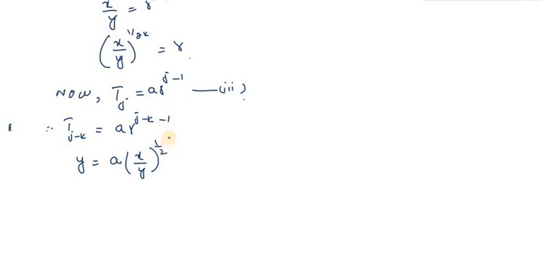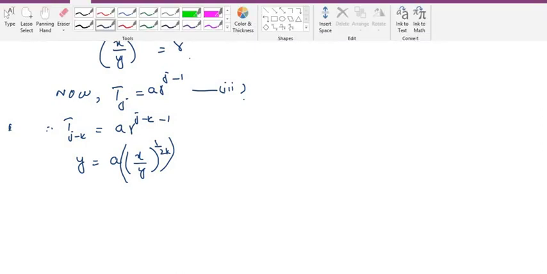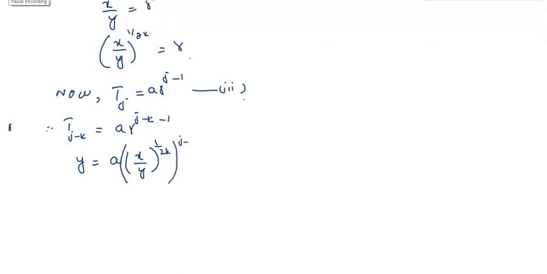One upon 2k, 1 upon 2k, and the power is already here. The power is j minus k minus 1. So the power will multiply with x upon y. So here j minus k minus 1 will multiply with 1 upon 2k.